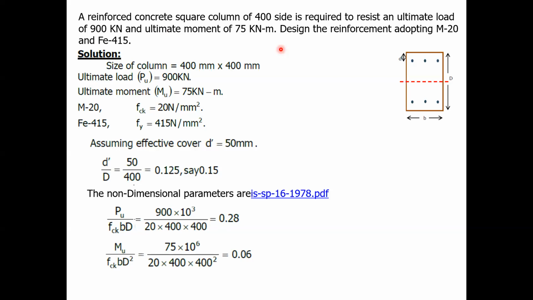Yes, sir. Okay, so these two values you have to refer, and then you have to calculate the percentage of steel. So just a minute. So all of you can see the code book?